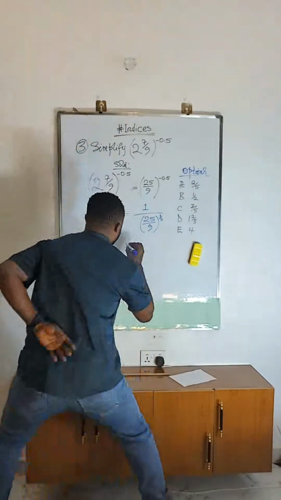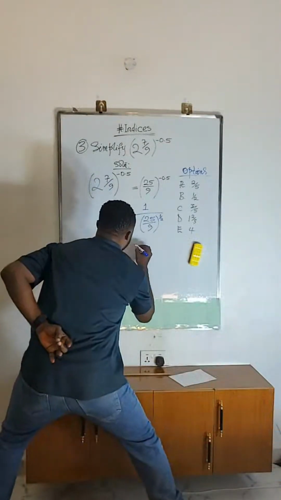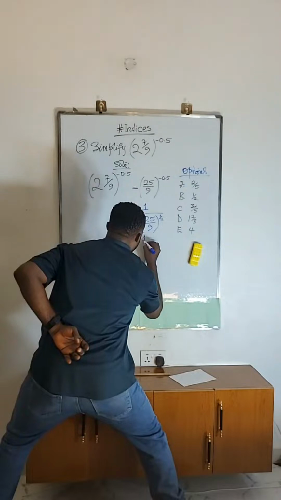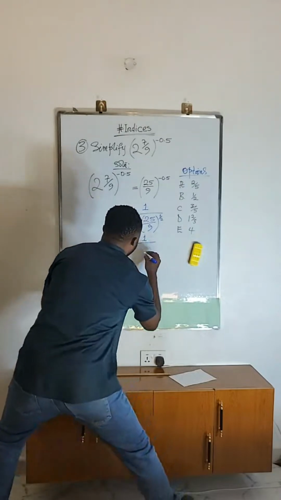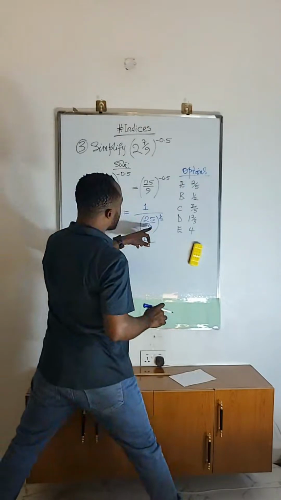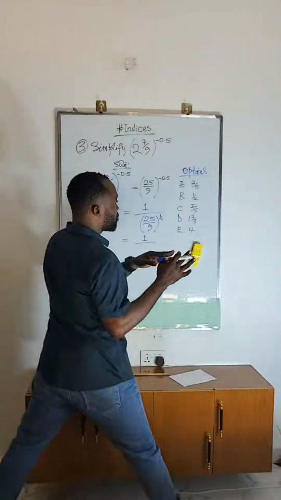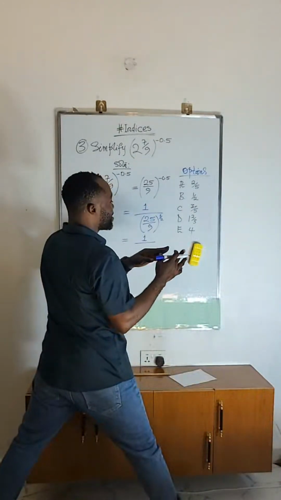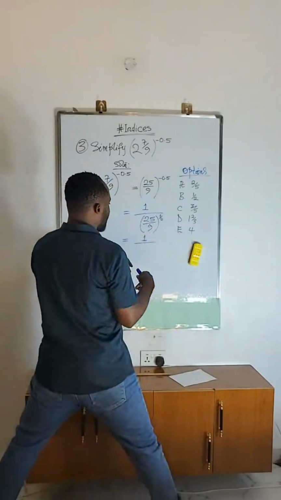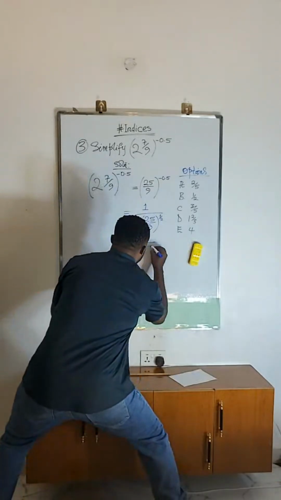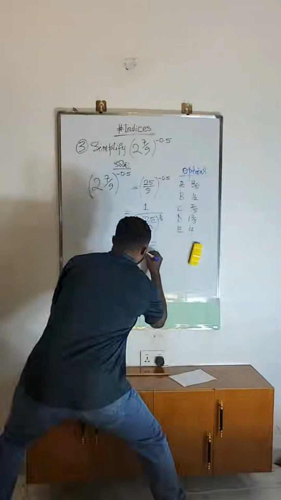So in the next step, we are going to have 1 over, any number raised to the power of 1 over 2 simply means the square root of that number. So this is the square root of 25 over 9.